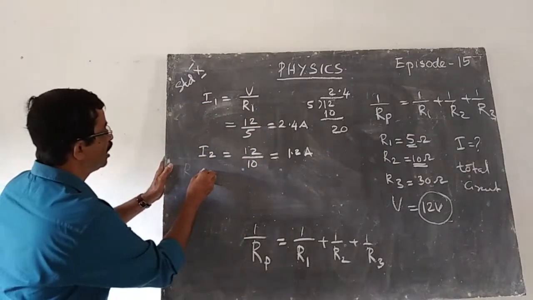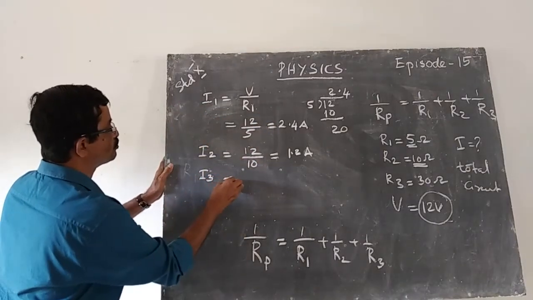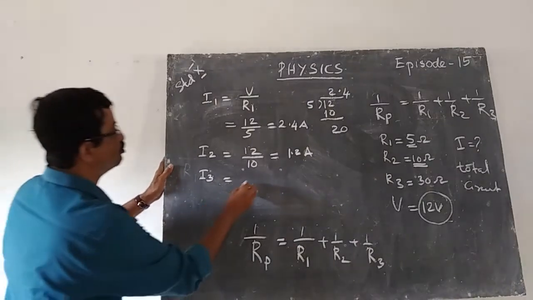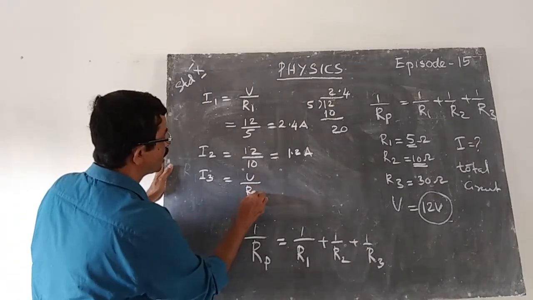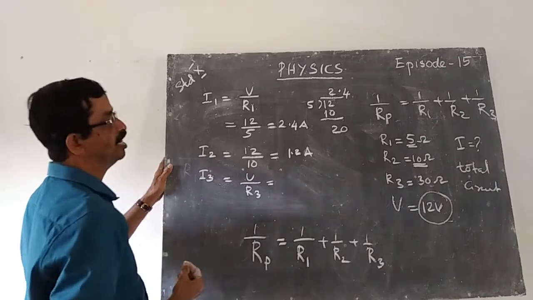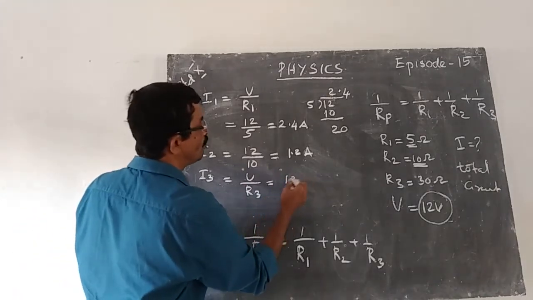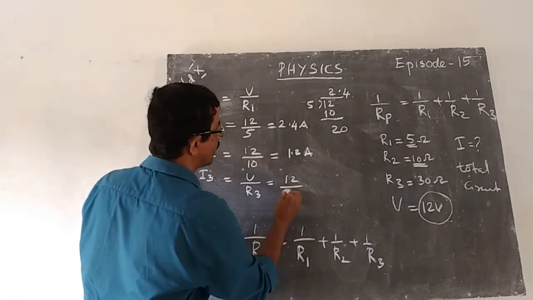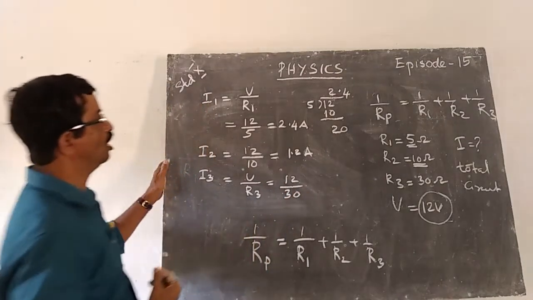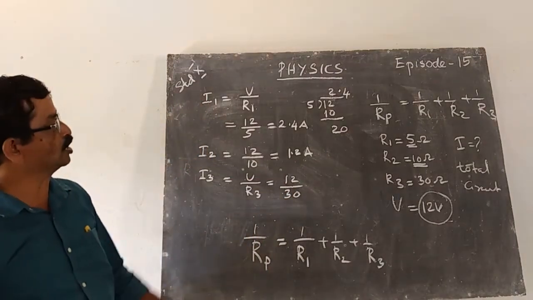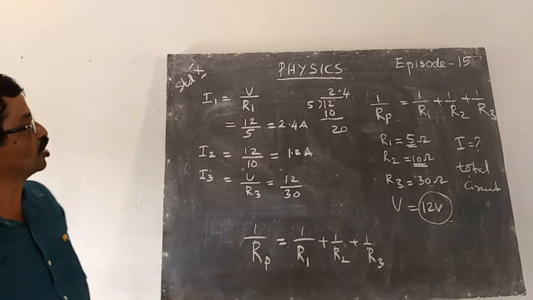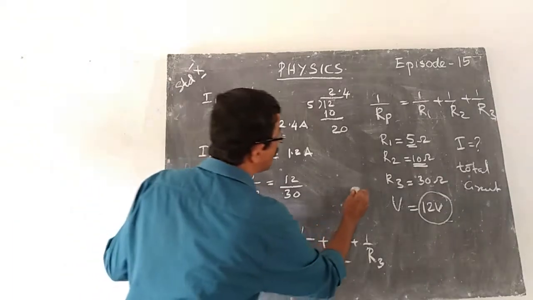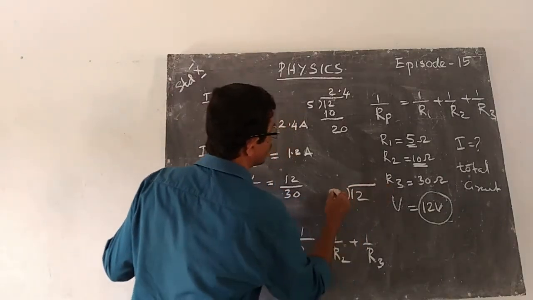And similarly I3 is equal to V by R3, that is 12 by 30.